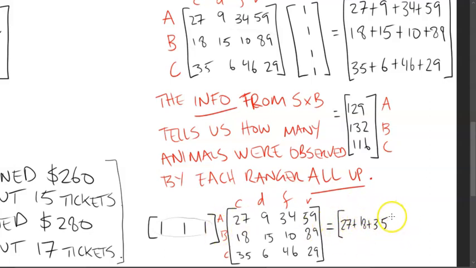Then we're going to do it again. Now just to make sure that you can see what's going on, I'll put a dotted line here. We're going to do it again. This will be 9 plus 15 plus 6, dotted line.